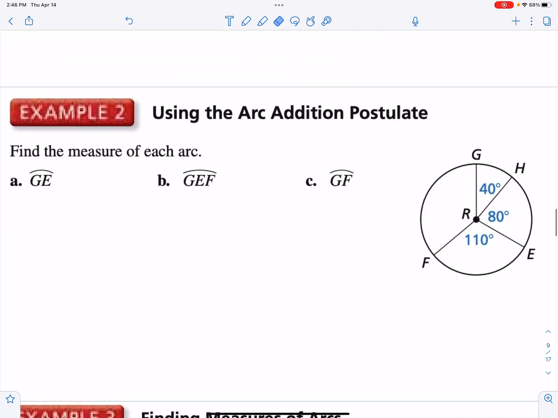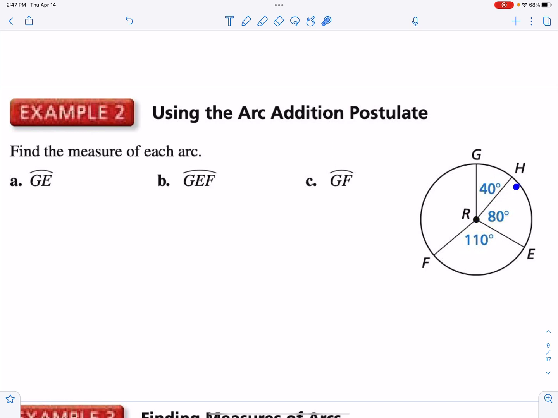So in example 2, again, we're missing parts of it, and we don't necessarily have a semicircle anywhere because, as you can see, from R to H, it does not look like it's straight in line with F to R. So this is not a diameter here, and you can also clearly see that by the measure of these angles here. So this is 110 and this is 80.